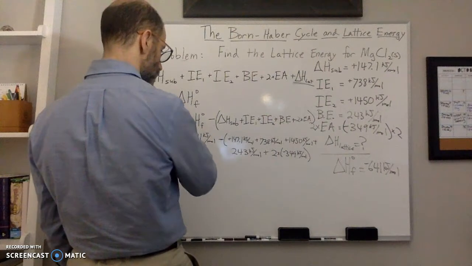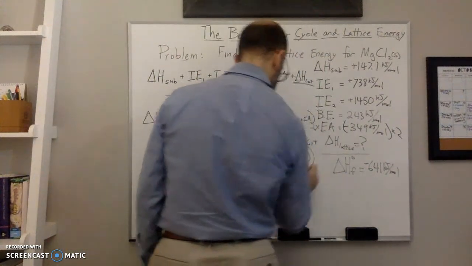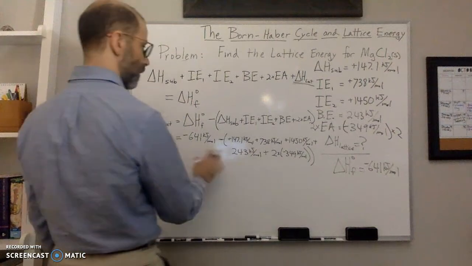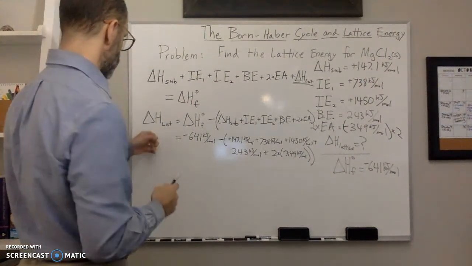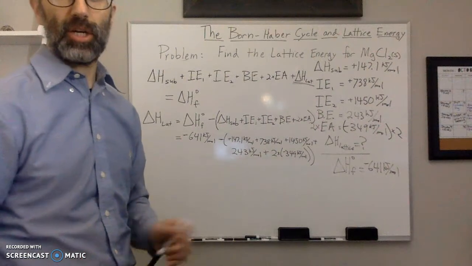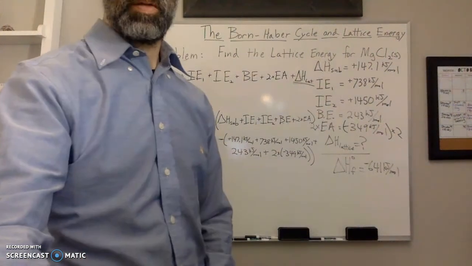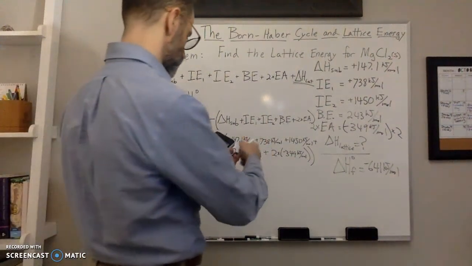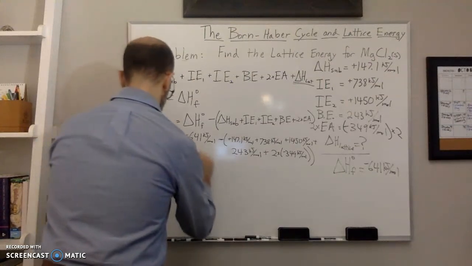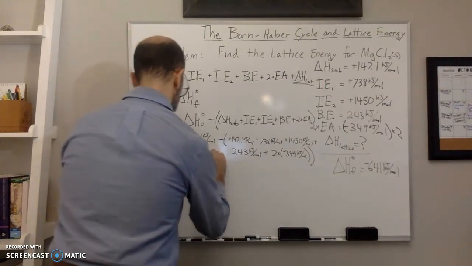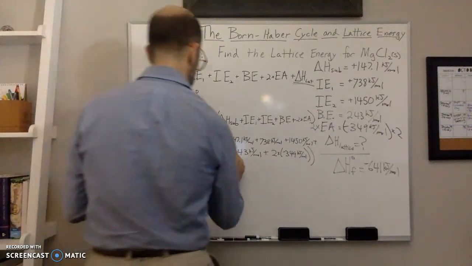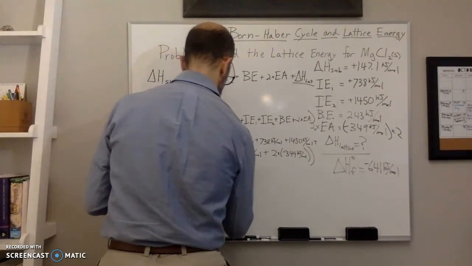Okay. And that's it. All of this is equal to the lattice energy. So all we need to do is just calculate. And so the answer is, we get negative 2,521.1 kilojoules per mole.